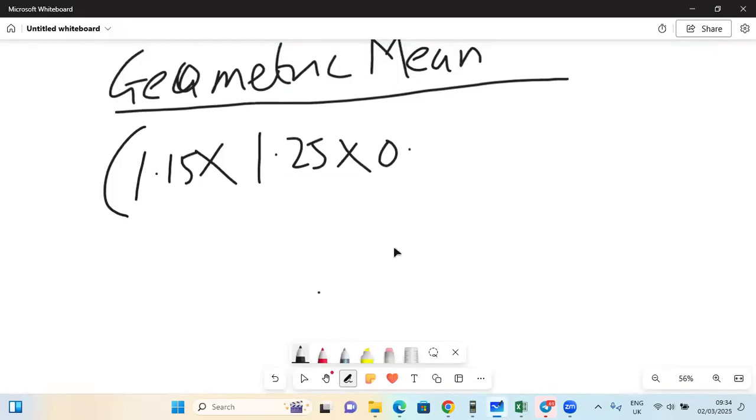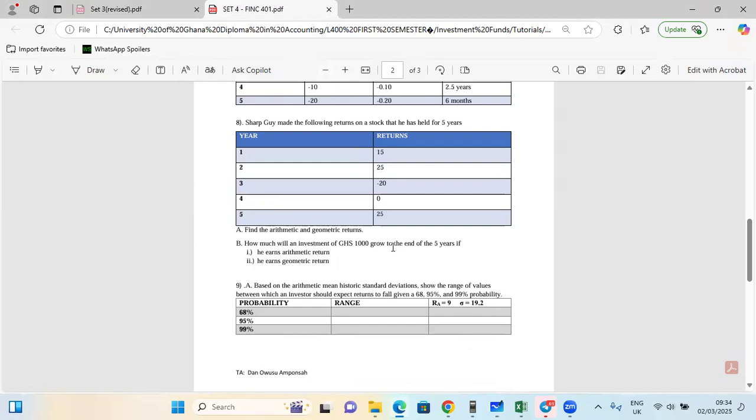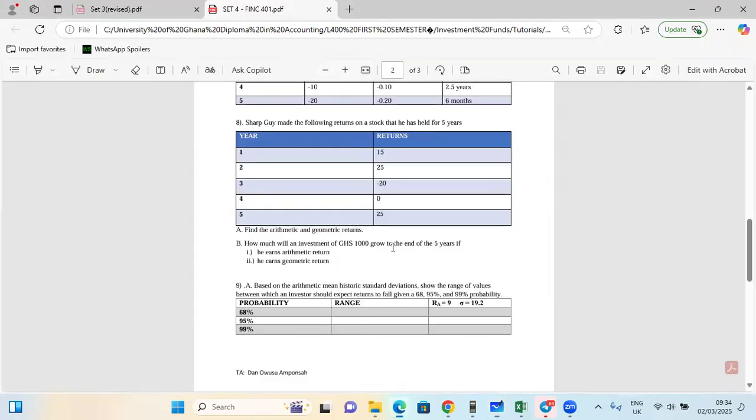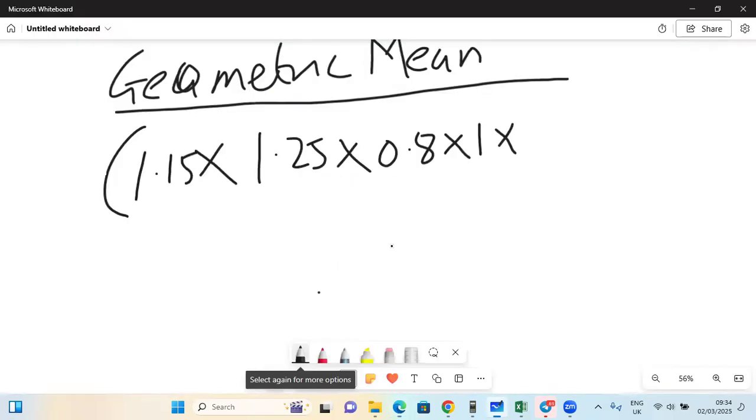So times 0.8, oh, sorry, times the next one, which is 0. So 1 plus 0 is going to give us 1, times the next one, 25. So going to give us 1.25.